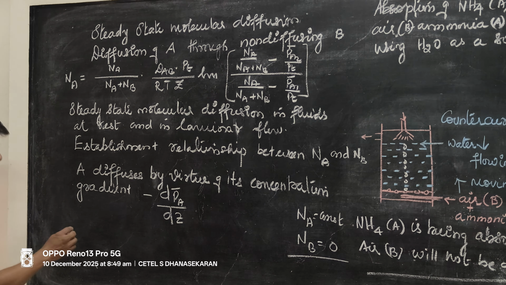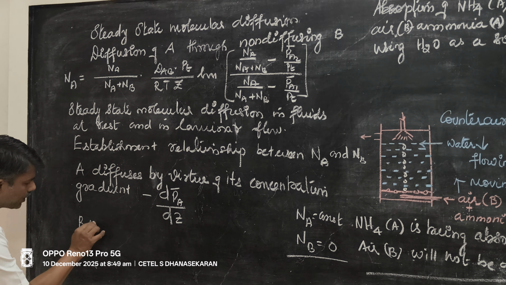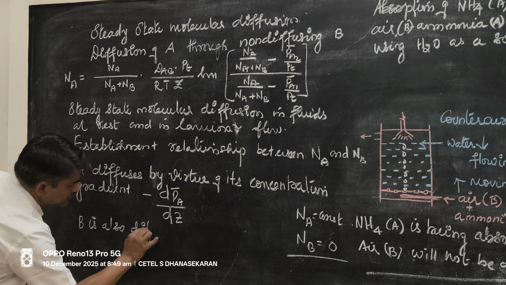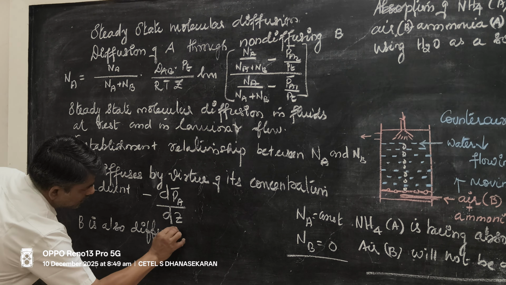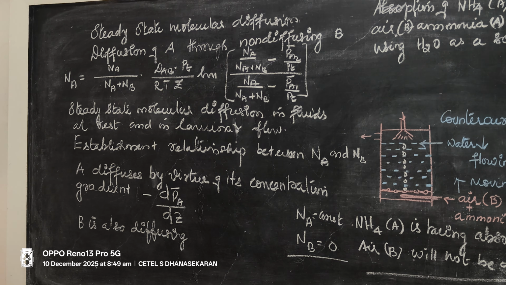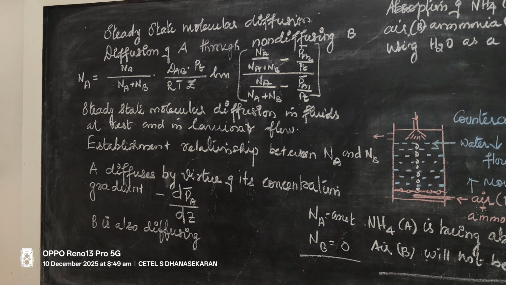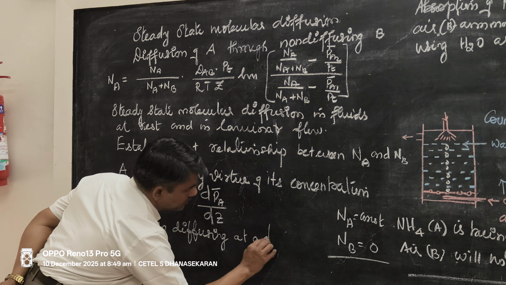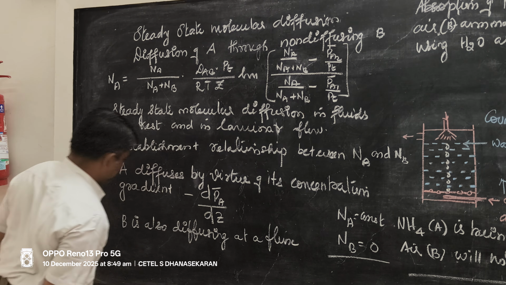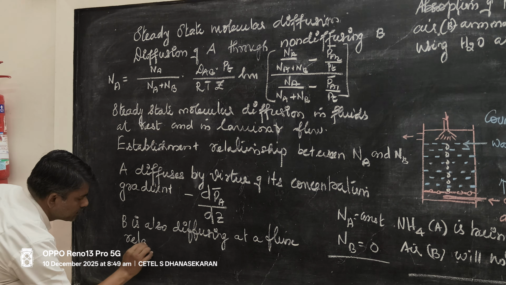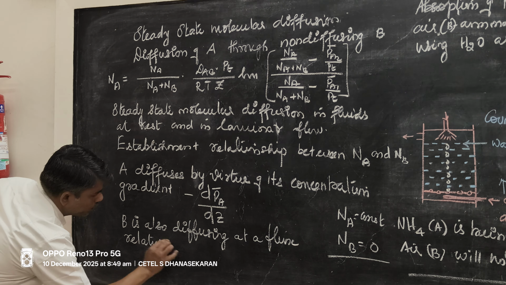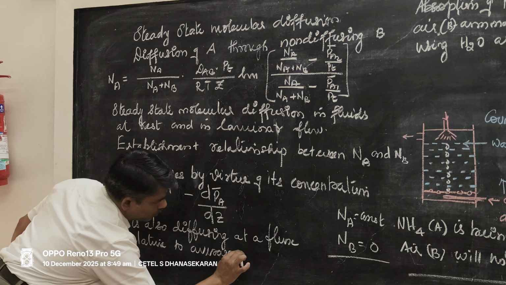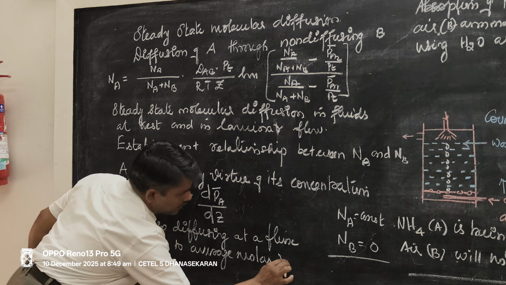Clear? Next, component B is also diffusing. Component A is also diffusing at a flux relative to the average molar velocity.